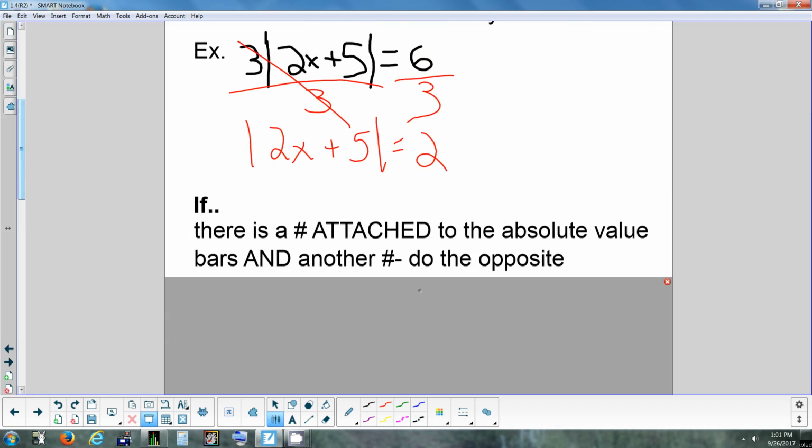It might be +2, -5. There might be something else outside of it, to the right of it. So there's a number attached, but also another number on the outside of the absolute value.